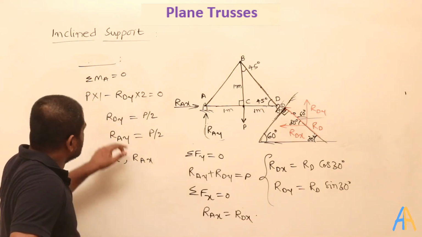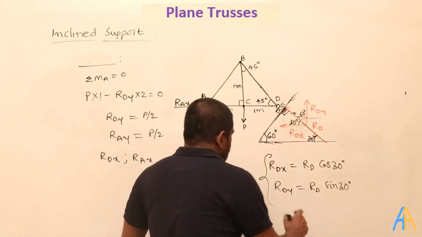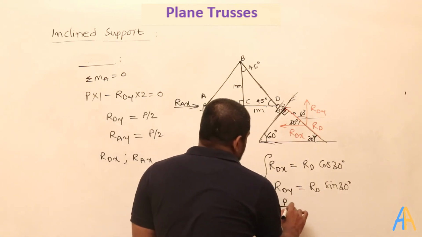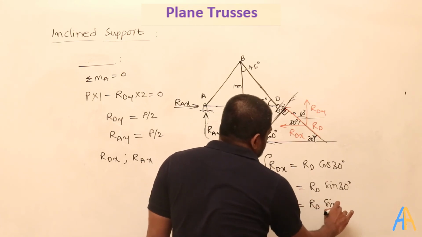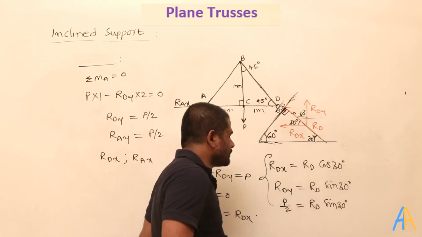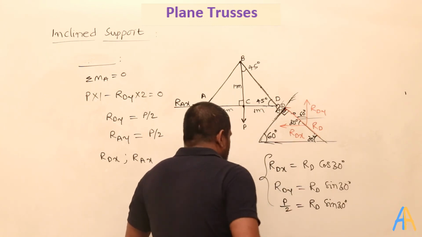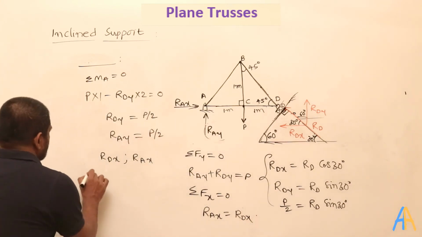So what is the value of RDY? RDY is P by 2. So P by 2 equal to RD into sin 30 degrees here. Sin 30 is how much? 1 by 2. So RD will become how much? Both sides 1 by 2 will go, right?